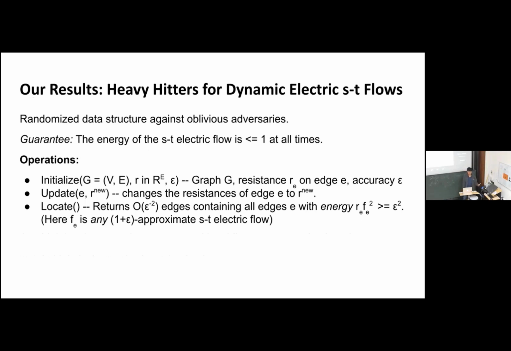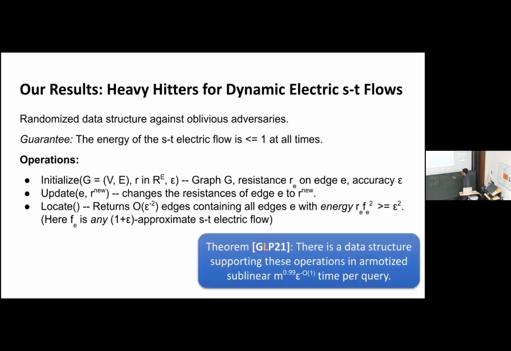And under the guarantee that for the input resistances, the electric flow value is at most 1 at all times, we can initialize the graph, update the resistance of any edge, and finally return a superset of edges S that contains all edges e with energy at least epsilon squared. We call this the locate operation. And we give an algorithm that supports all these operations in m to the 0.99 over poly epsilon amortized time per query.